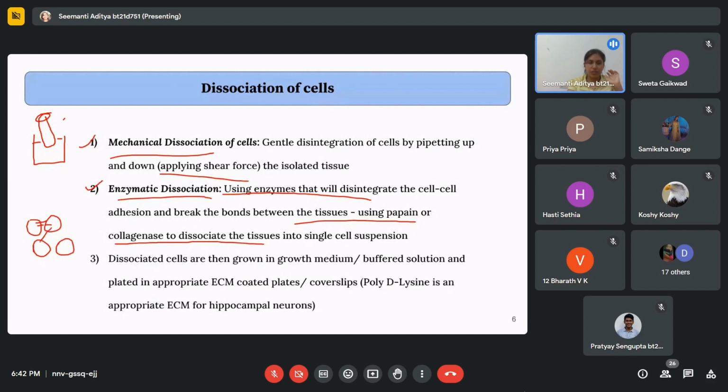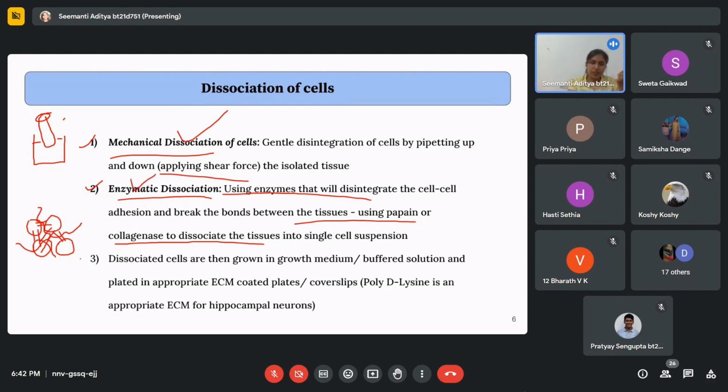If this collagen is broken, or if the disulfide bonds between the cells are broken, then each of the cells will become a separate entity. So we need to have a single cell suspension, and we can obtain it using either mechanical dissociation or enzymatic dissociation.